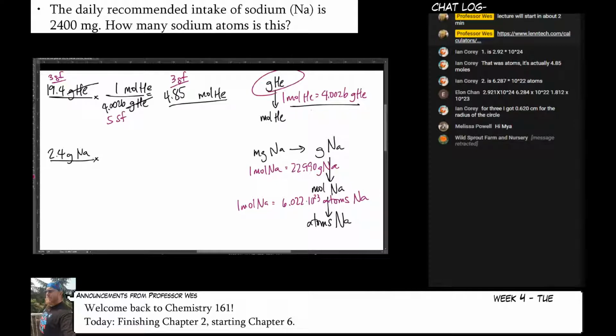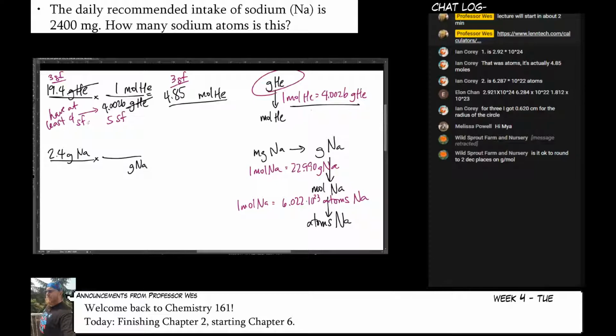Not 2.400, because 2,400 is written only as 2 sig figs. And so we'll turn grams into moles. Is it okay to round to 2 decimal places on grams per mole? Yeah, it's totally fine. What's important is that if you are using a number that is small, have at least 4 sig figs. In like 95% of cases, 2 decimal places is fine.